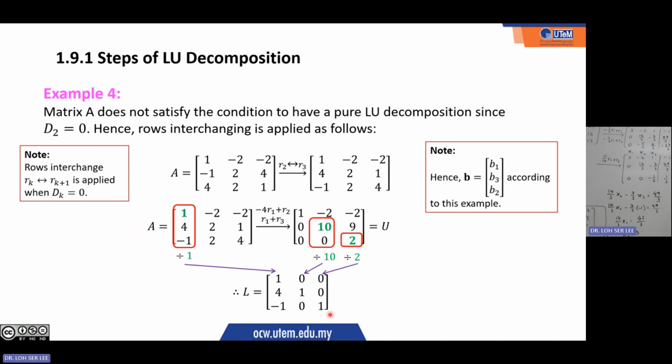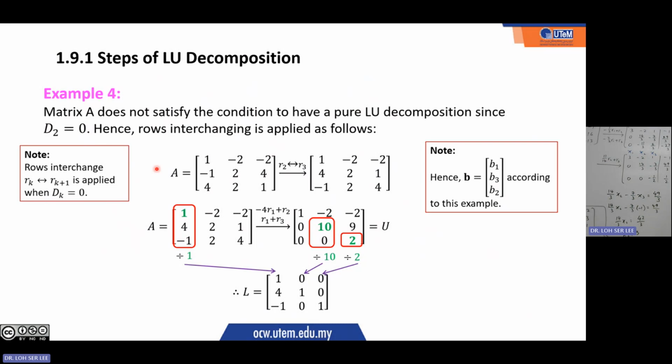So this is the difference between the conventional method and the row reduction to get the LU. You are free to choose either method 1 or method 2 to get your L and U. But actually, suppose we need to check whether the D1, D2, D3 satisfy the condition or not, whether you get 0.